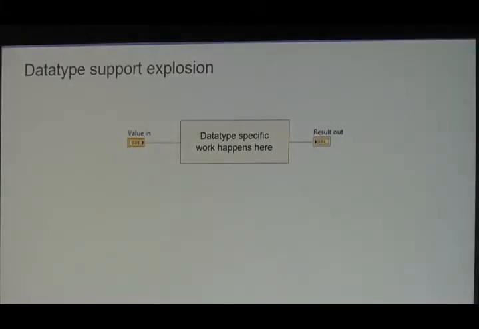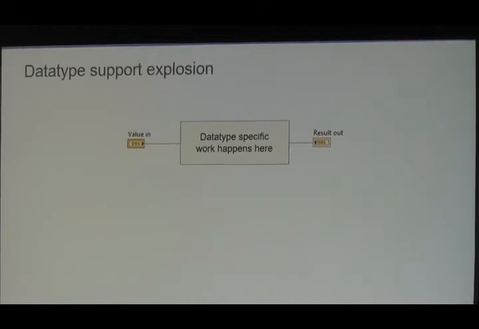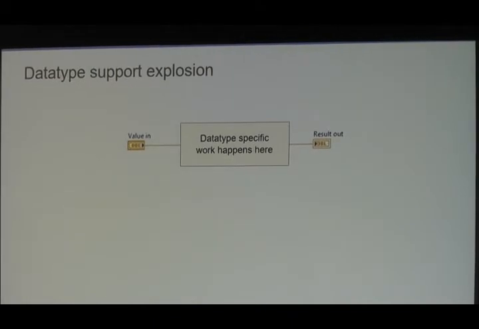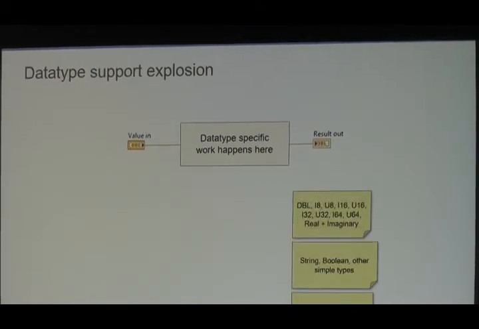So just an example, I want to show you how this explodes for a framework maintainer. So in this case, I've got a double in. We do some sort of work on that double, and we have a double out. Super simple example. But I don't want just doubles. I want all sorts of integers and numeric types. I want string booleans, scalars.